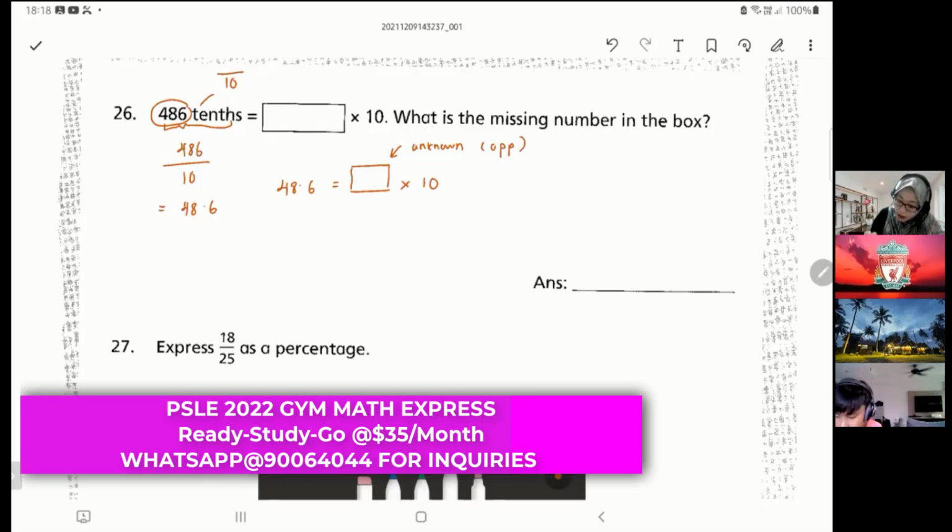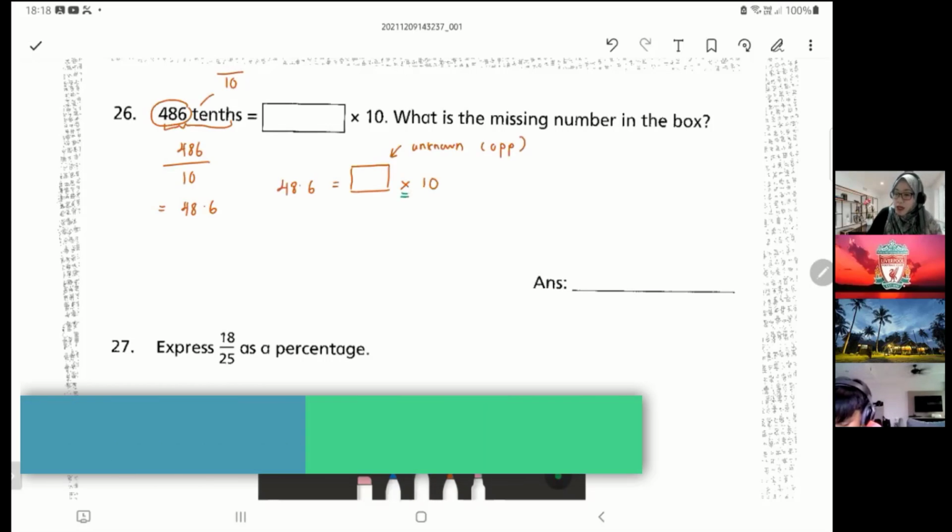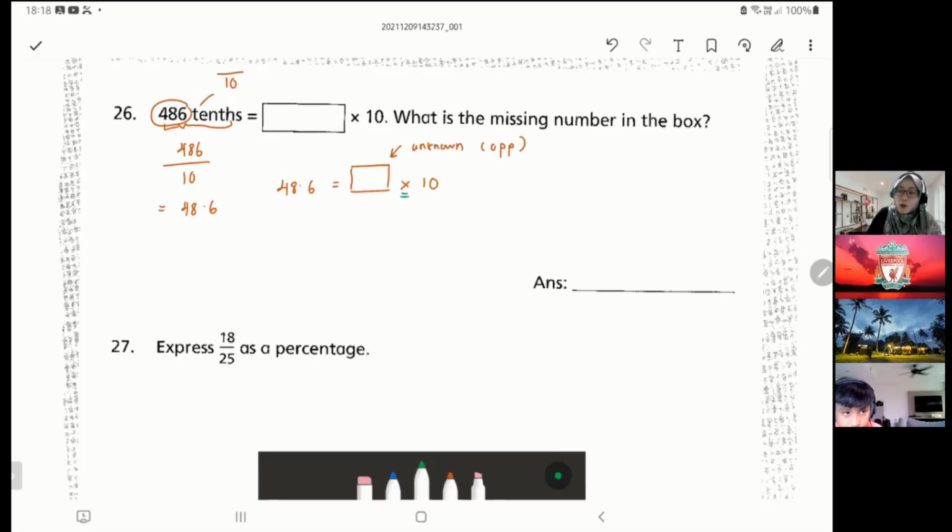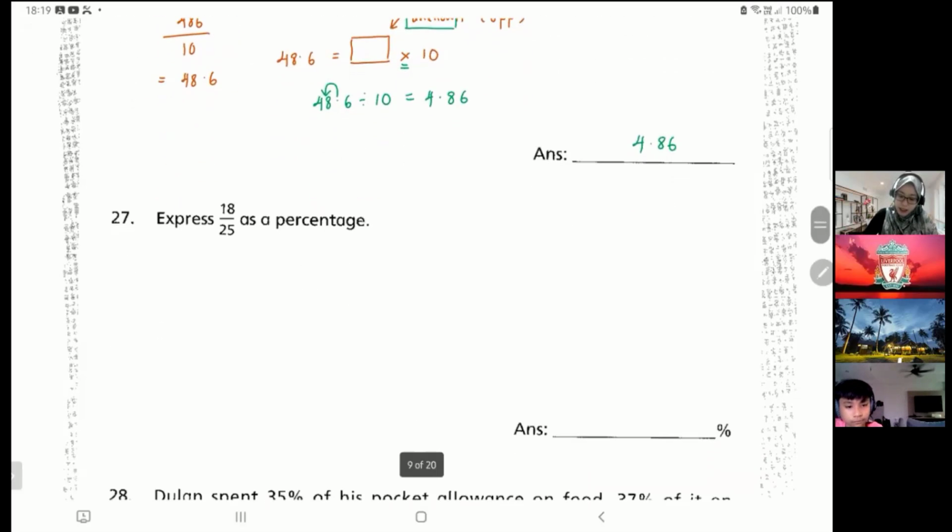So if the sign here asks you to times, you do the opposite, which means I need to divide. So 48.6 divided by 10, and I will move it one step to the left. That will be 4.86. And that's my answer, 4.86, because I want to find the unknown. Understand?